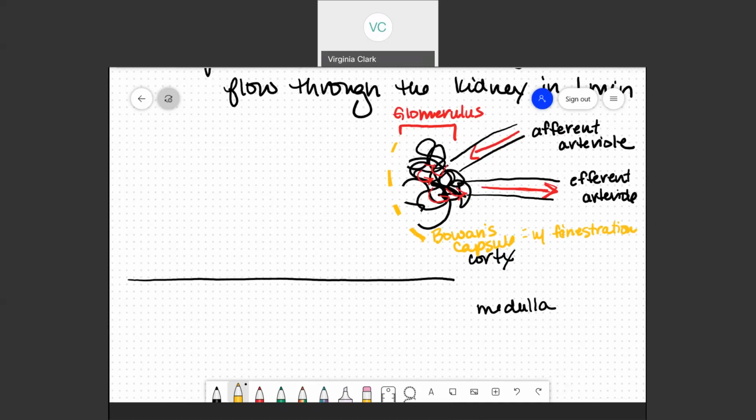So if we have blood flowing into our glomerulus, going through our capillaries, as they pass through this Bowman's capsule, it's going to act as a sieve, and it's going to push things from the blood out into the Bowman's capsule, and the Bowman's capsule is going to collect it.